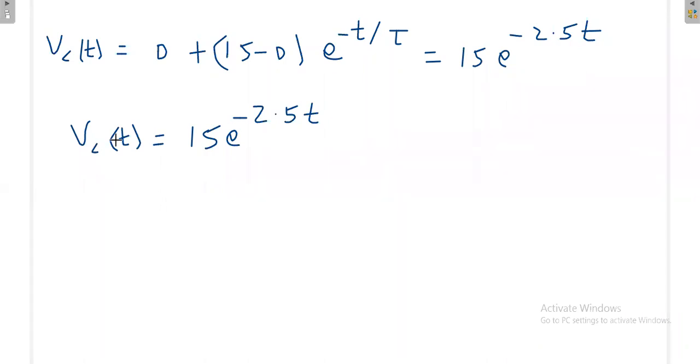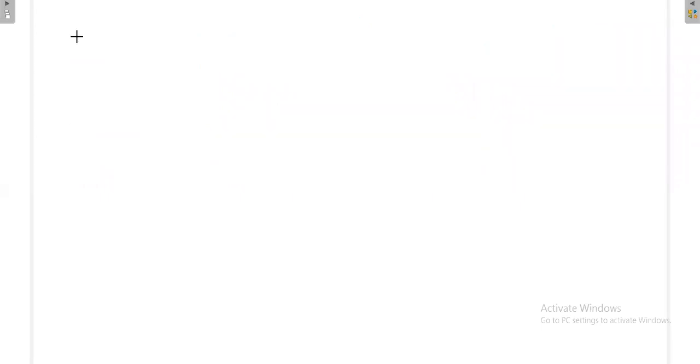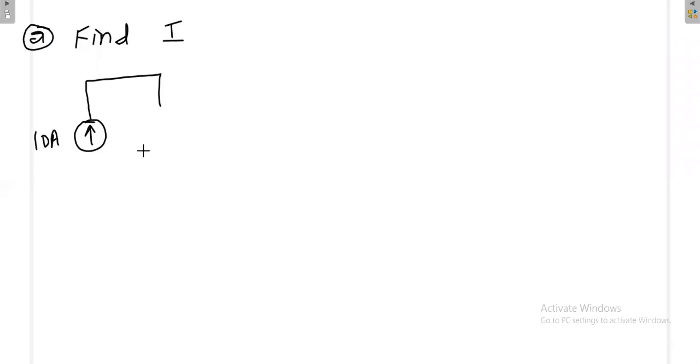Okay, so next question: find the current for the circuit. Now this is a 10 ampere current source along with 1 ohm, and see, at t is equal to 0 they are not closing the switch, they are opening the switch at t is equal to 0.